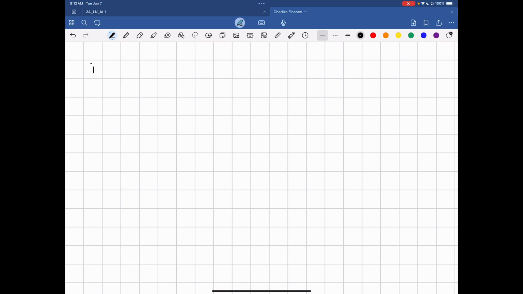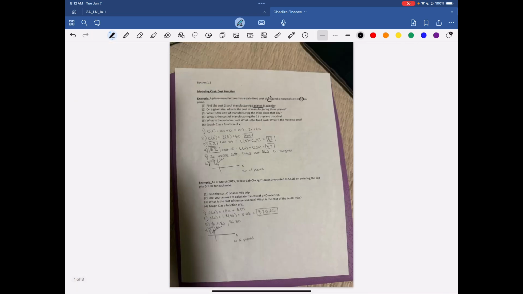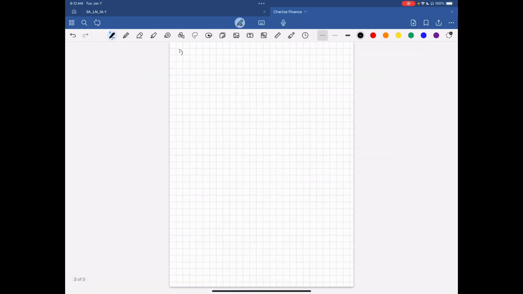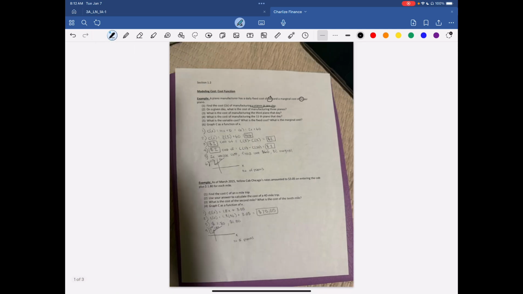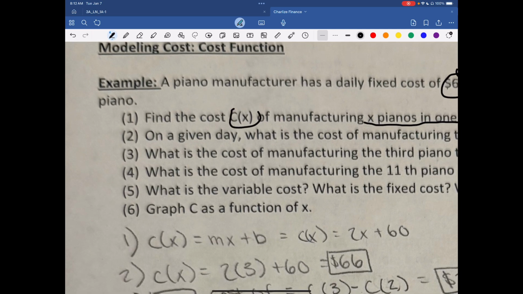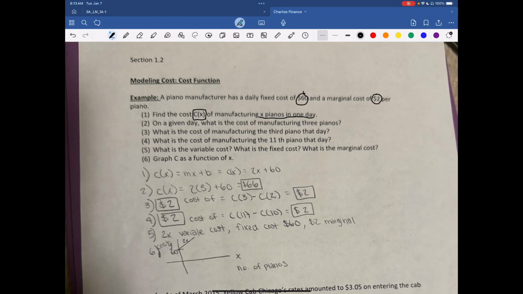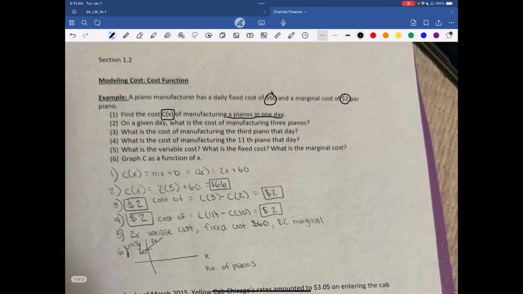For number one, when they're saying to find the cost C of X, it's not asking for an exact number. You're asked for a function. This is the first hint that your answer should be a function, because in C of X, X is the independent variable, and C is the dependent variable.